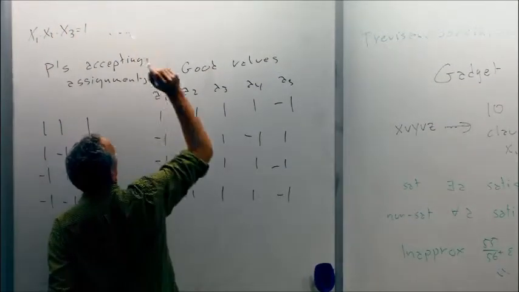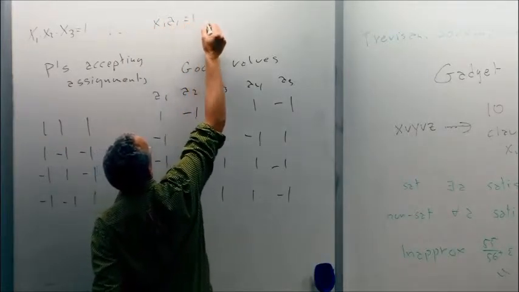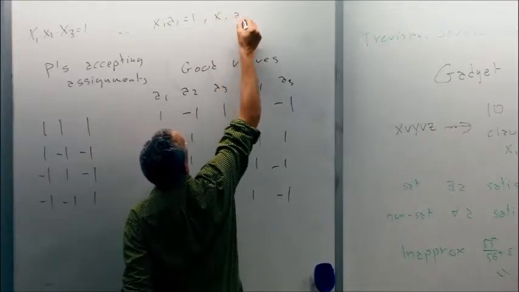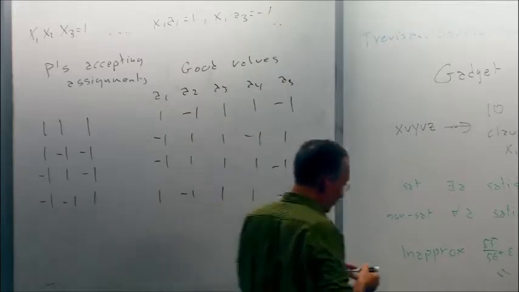We made this into a number of equations, x1 times a1 is equal to 1, x1 times a3 is equal to minus 1, and so forth. Somehow.